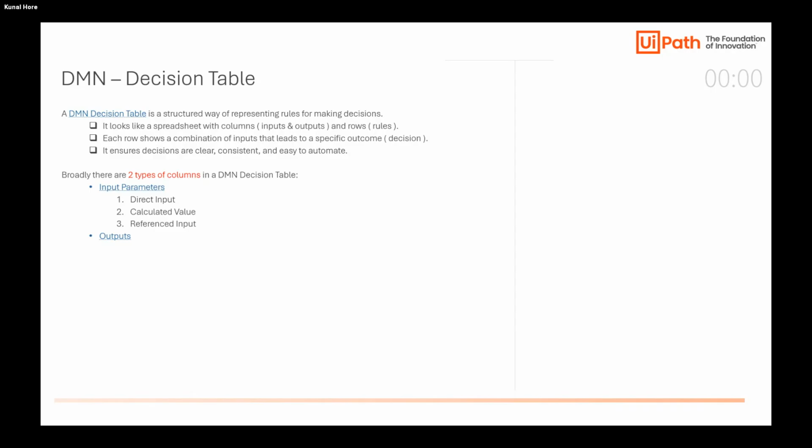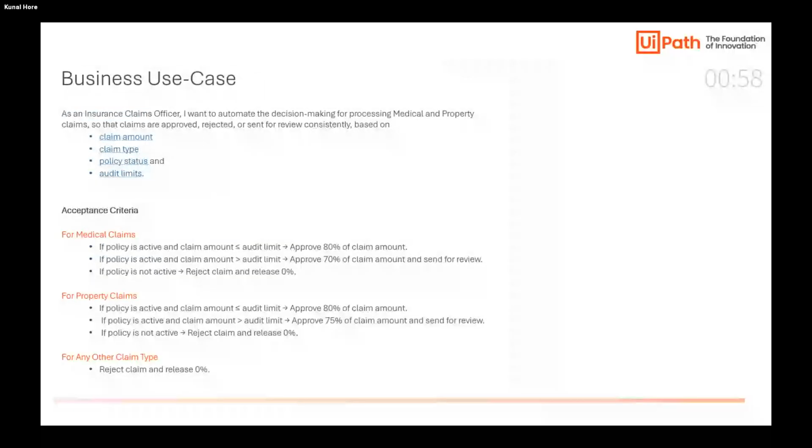Before I go into the demo and show you how to implement all of this, it is very important for us to understand the use case that I'm going to present now. Here you can see a business use case for claims. An insurance claim officer wants to automate the decision making process for a medical and a property claim, and based on that there will be an approval, rejection, or sent for review.